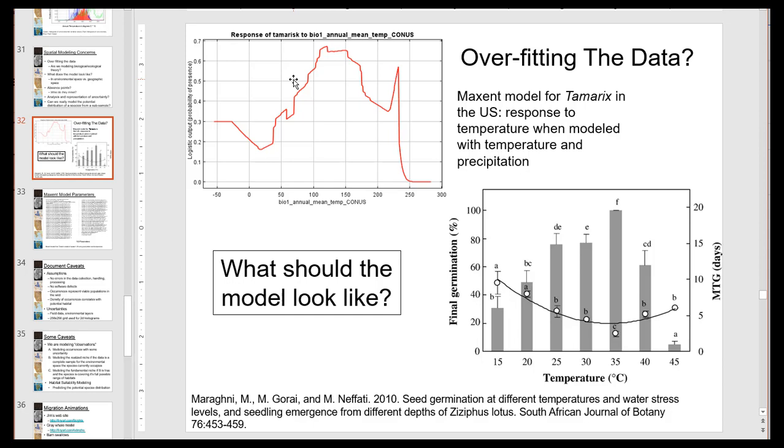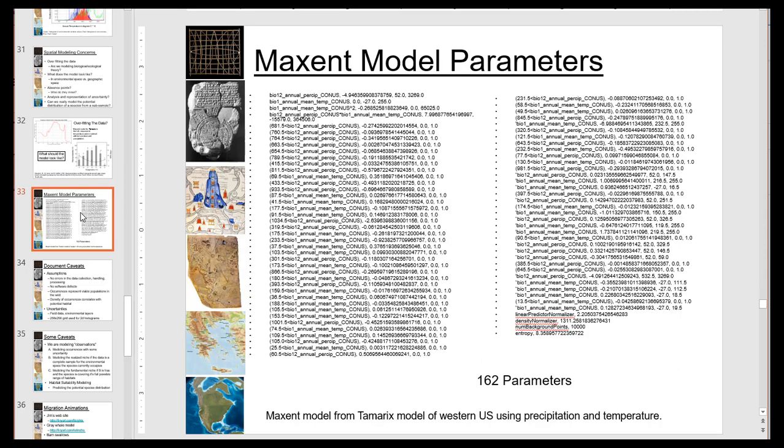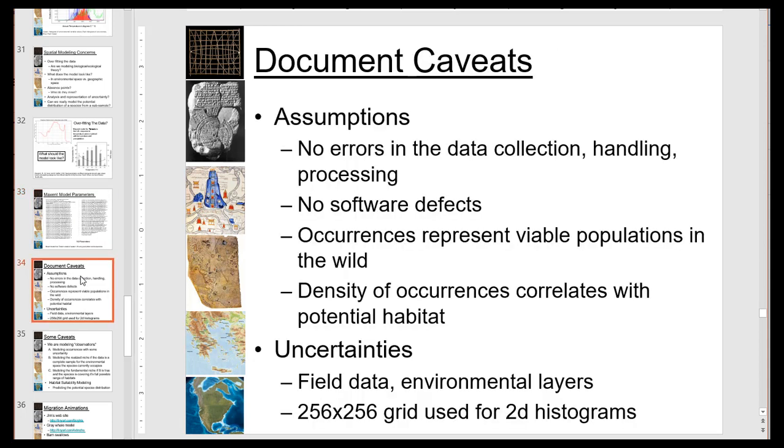A lot of those are done in the commercial world, so we don't see them published as often. But that curve in the upper left from Maxent, this is the actual quote-unquote model. It has 162 parameters in it, so it's pretty overfit in my opinion. And we'll talk more about that when we get into Maxent.